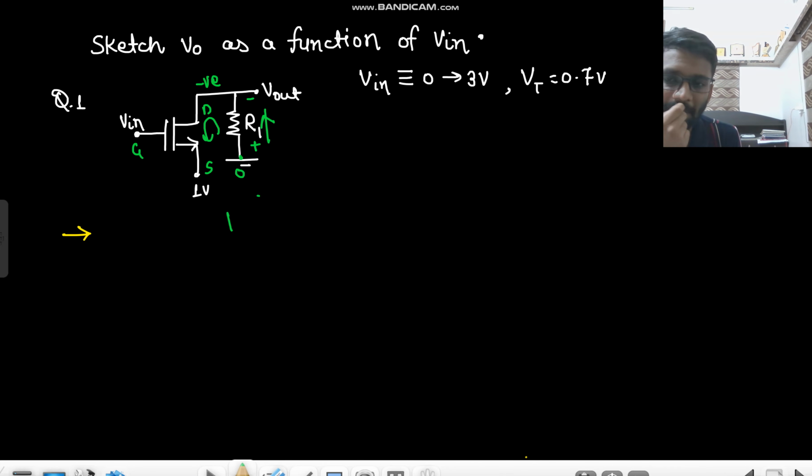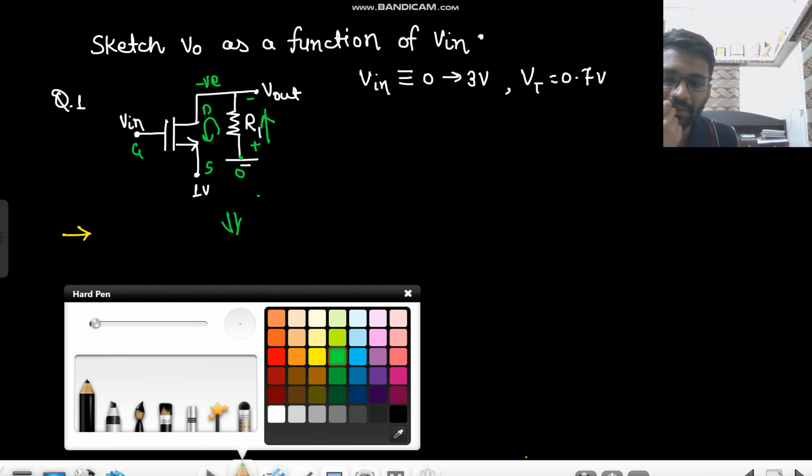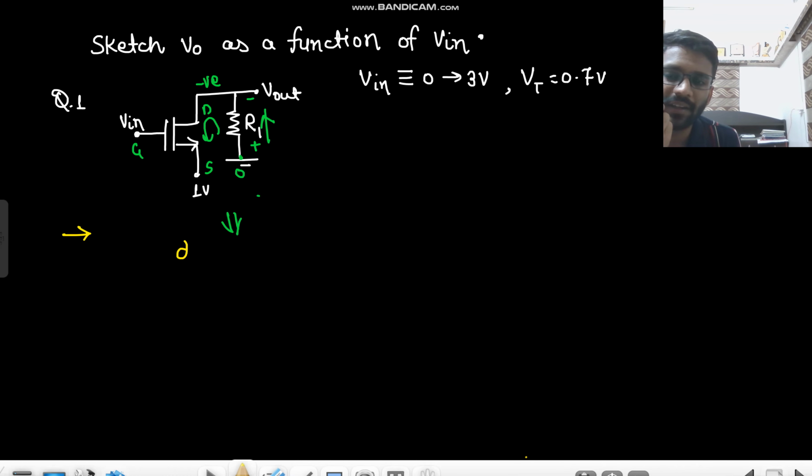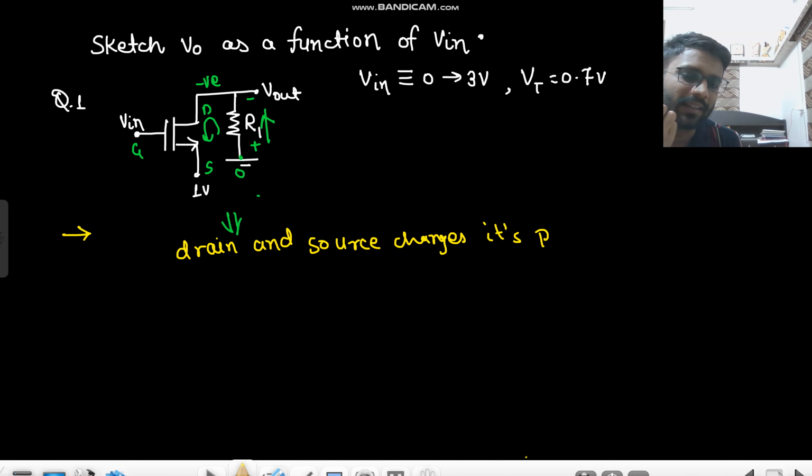So the drain and source changes its position. Like this doesn't sound correct technically very well, but we can write it. Changes its position.